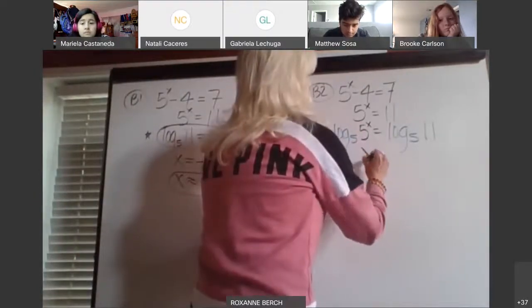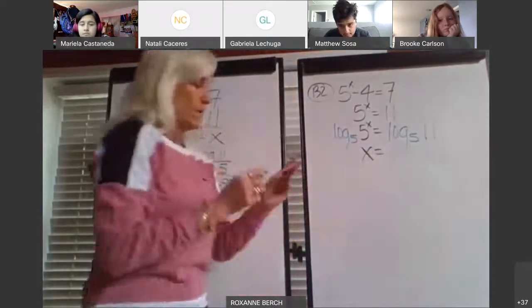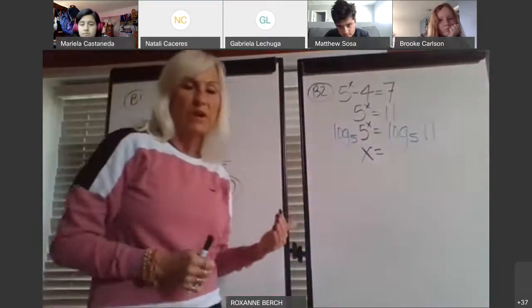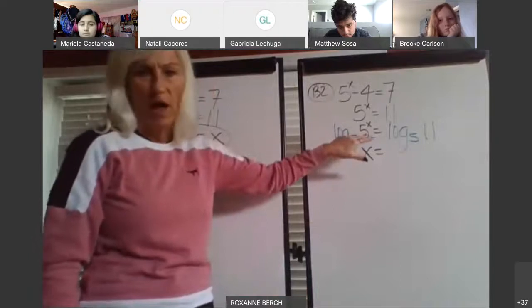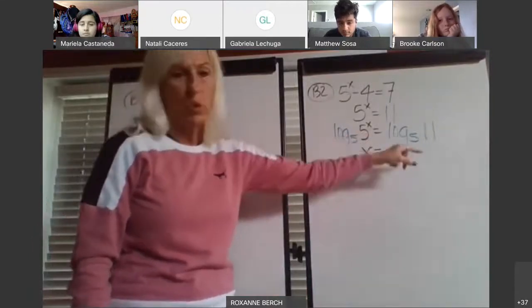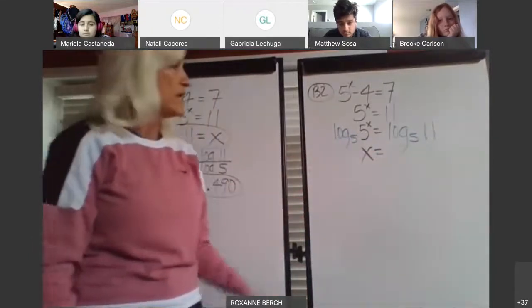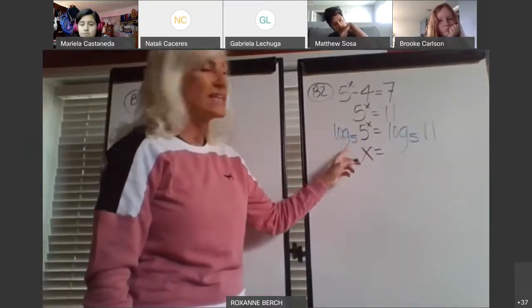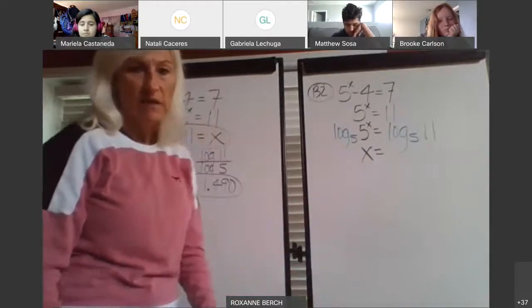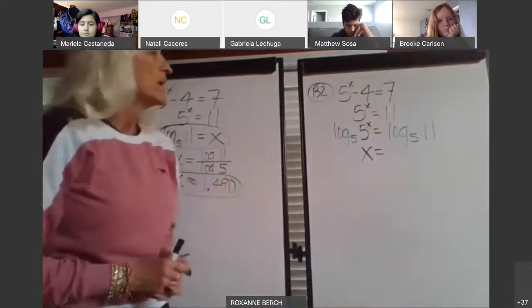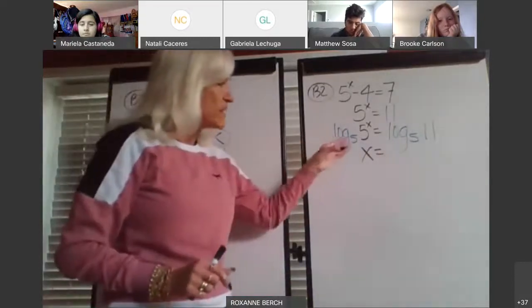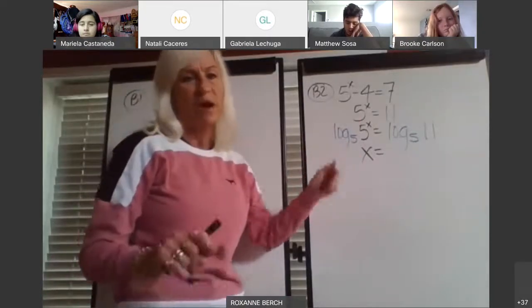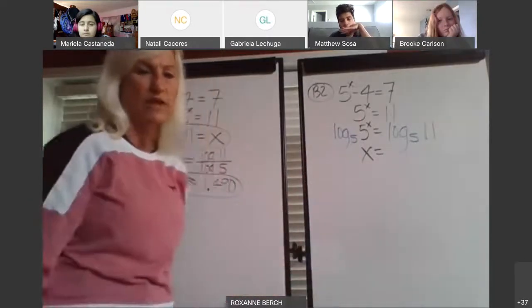So this is what I was saying, that whatever the base of the exponent is, if the base of the exponent was a 12, you take log base 12 to both sides. If the base of the exponent was 1/2, you take log base 1/2 to both sides. Because what we're doing is we're creating log base b of b to the x, which is going to be x, and that's how we're going to get the x down by using the inverse property.